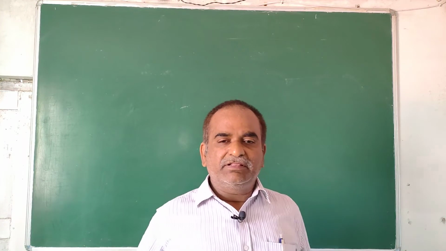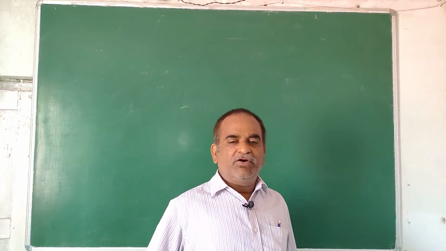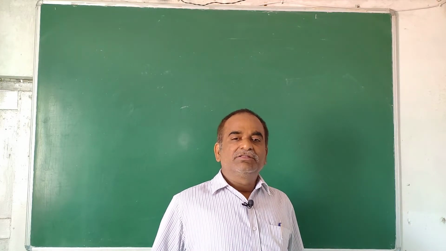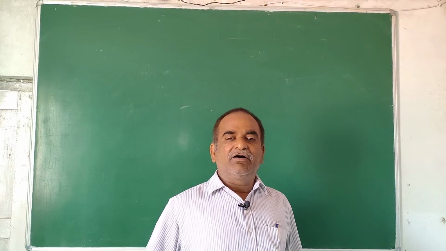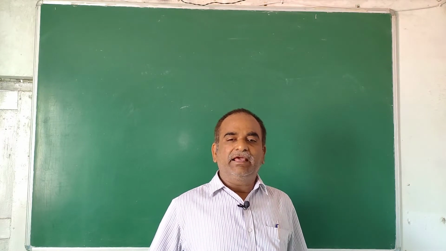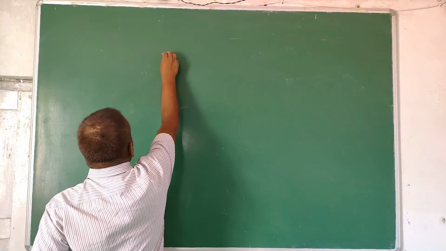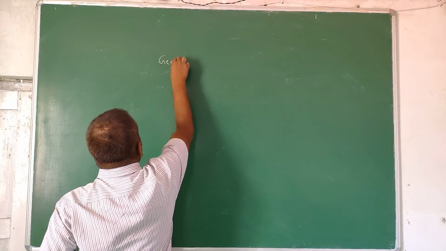So now we have discussed what is the zero of a polynomial. Now what we are going to discuss next is the geometrical meaning of the zero of a linear polynomial. See here, our heading is geometrical meaning.